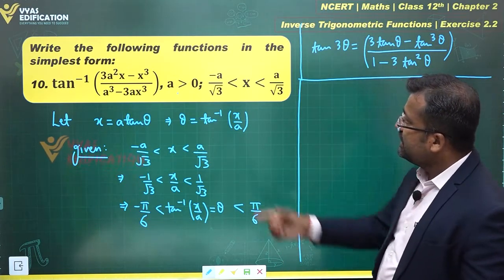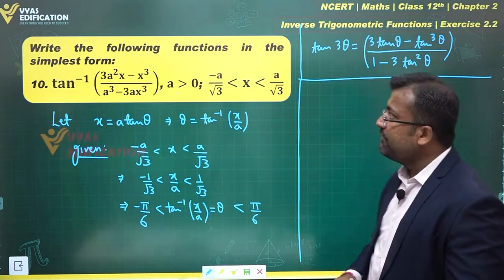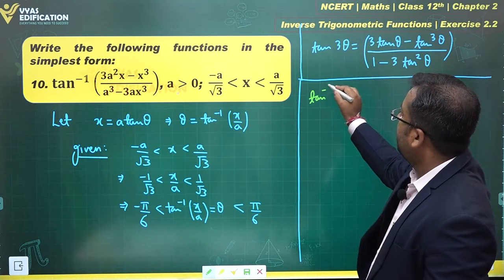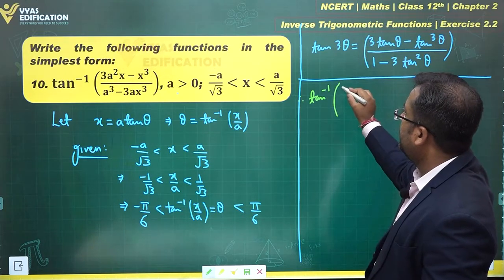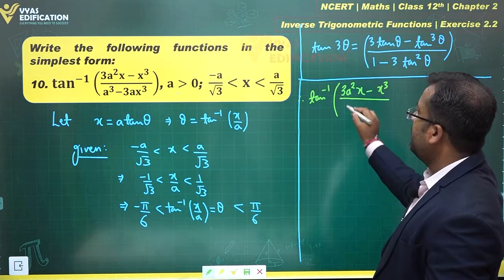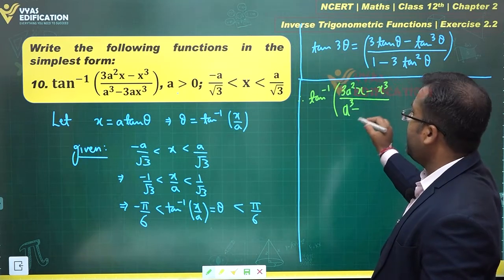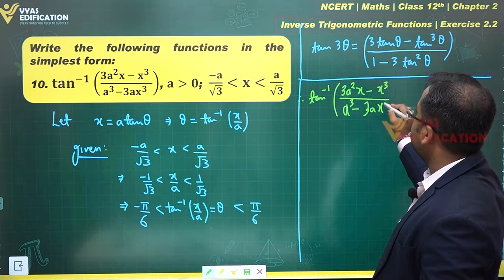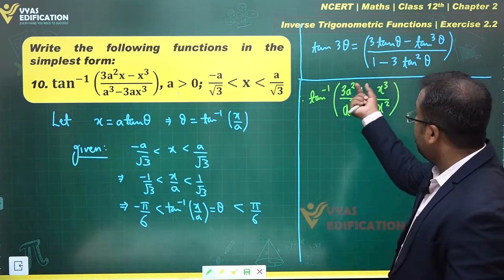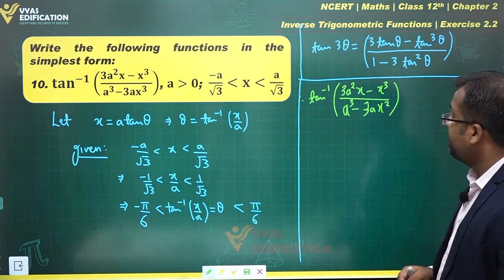I can simplify that expression. Let's try to do that. Tan inverse of 3 a square x minus x power 3 over a power 3 minus 3a x square. Can we divide by a cube in the numerator and denominator? Yes.